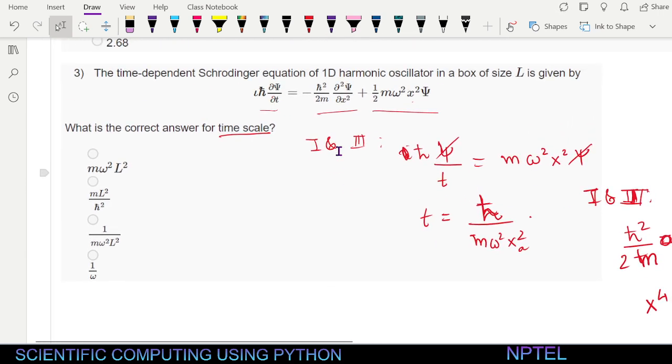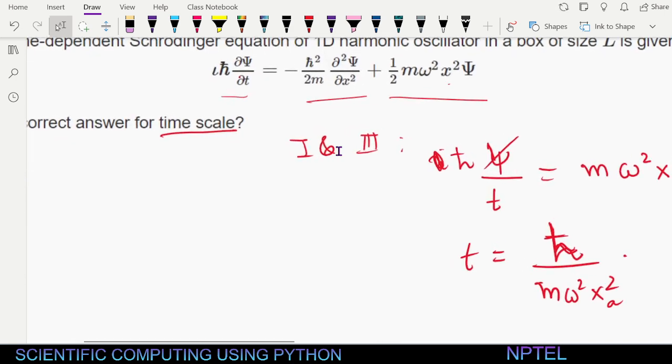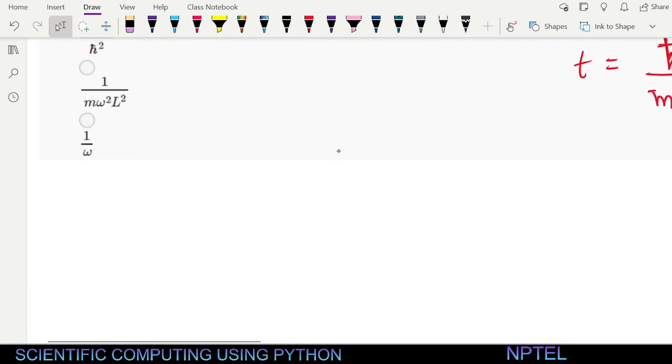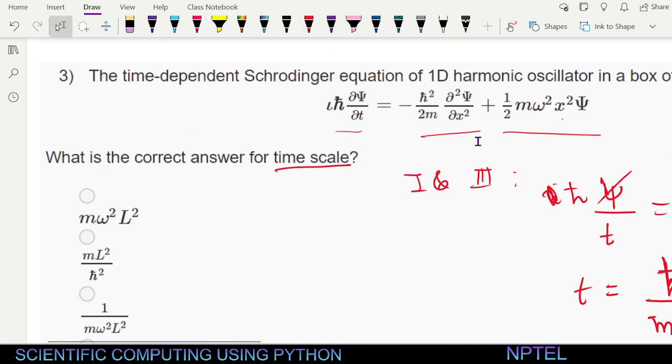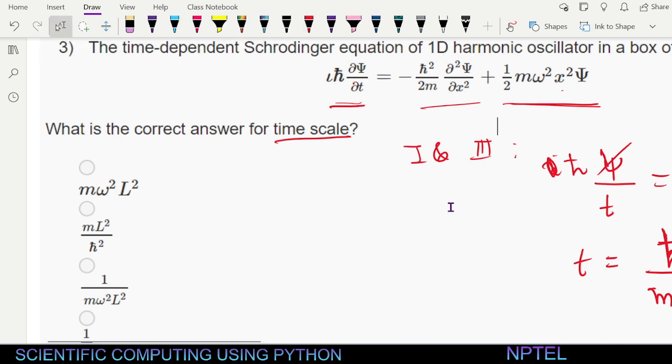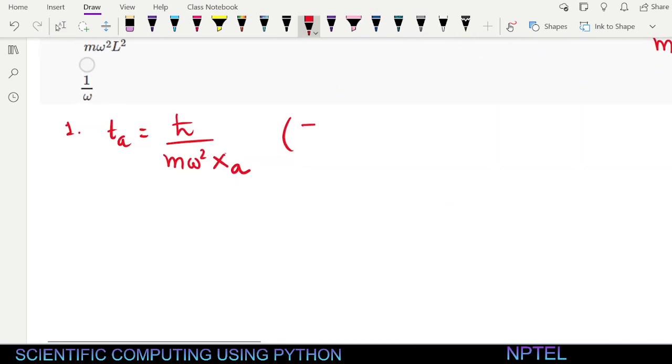Okay, so just to summarize again. First we found the time scale is h divided by m omega square times xa square. This we found by comparing the first term and third term, 1 and 3.